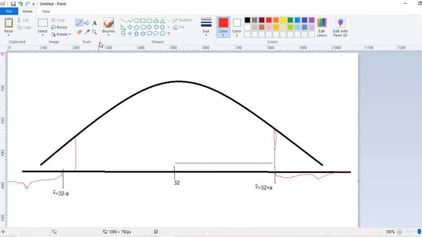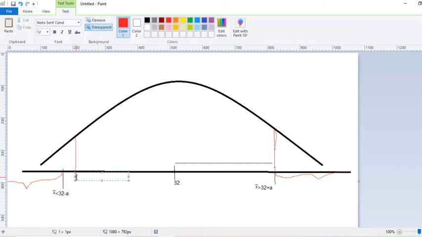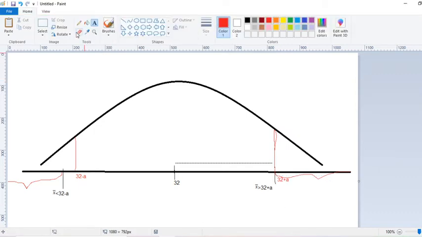Okay. What is this point? This point is 32 minus a. What is this point? 32 plus a. This is actually this region, and this is actually this region.